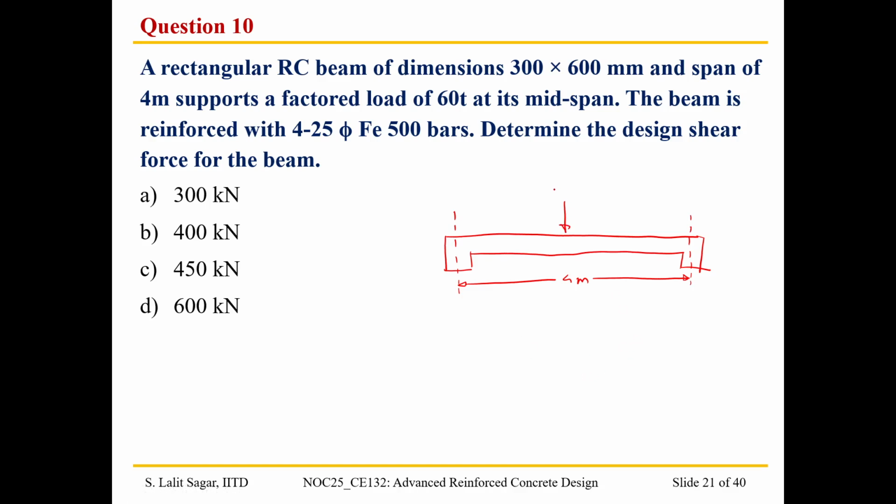So 60 ton is 600 kilonewton basically. 1 ton is 1000 kg, and we need to convert it from Newton to kilonewton, right? So that turns out to be 600 kilonewton.